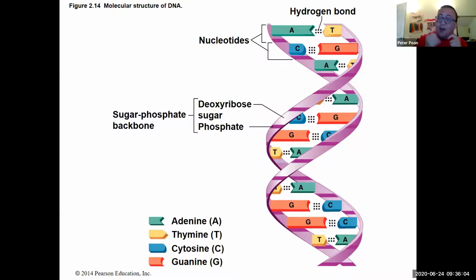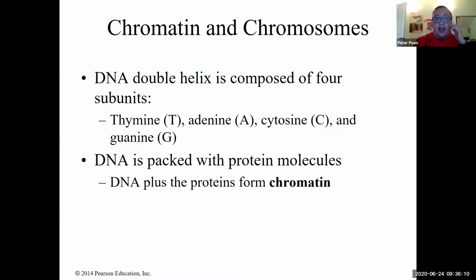That's not really how DNA exists inside the cell. DNA is usually packed with protein. There's a bunch of protein that surrounds it, called histones. The DNA plus the proteins together form something called chromatin.